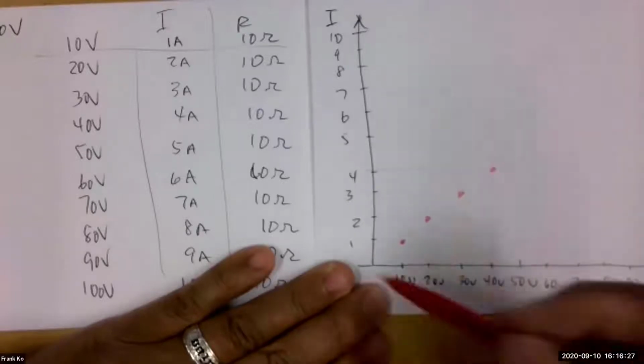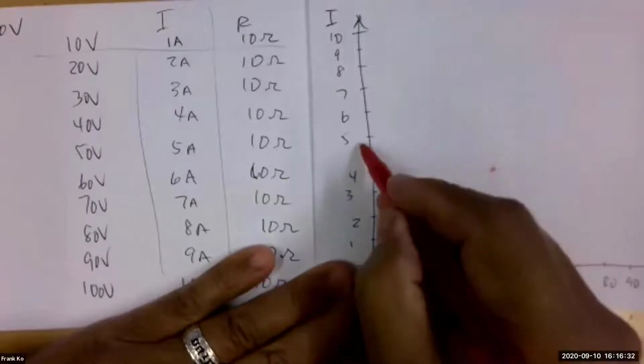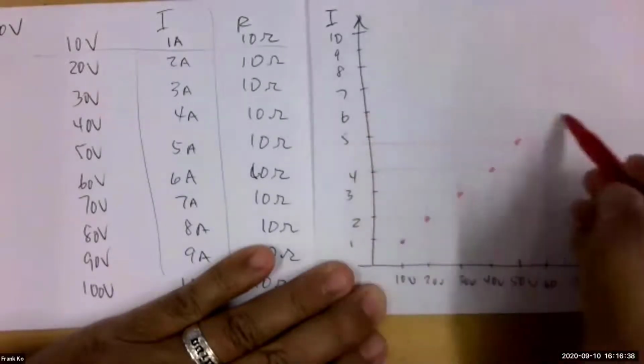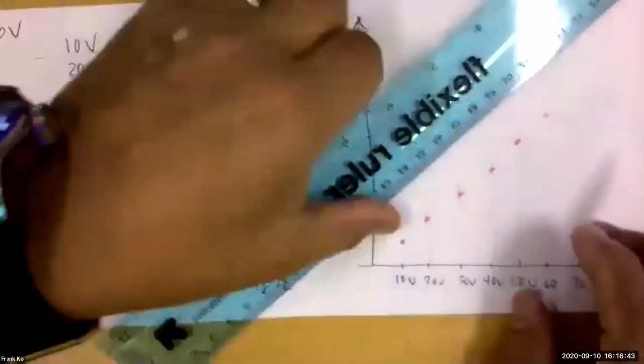You're starting to see a pattern. 50 volts at 5 amps. I'll draw this one up, draw this one over here. 50 volts at 5 amps. 60, shoot this one up at 6. So what do you see here, without plotting them all out?